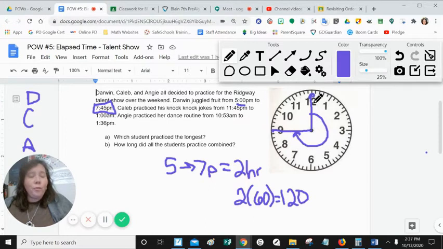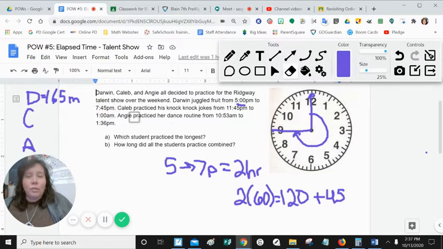So going from 12, which is 0, all the way to 9, I can simply do 5 times 9, and 5 times 9 is 45. So if I take the 120 minutes plus the 45 minutes, I am left with a total of 165 minutes of practice time for Darwin.